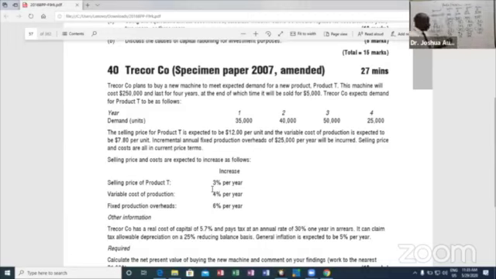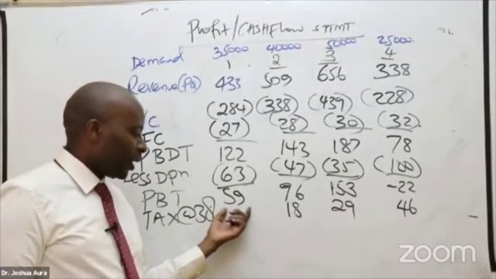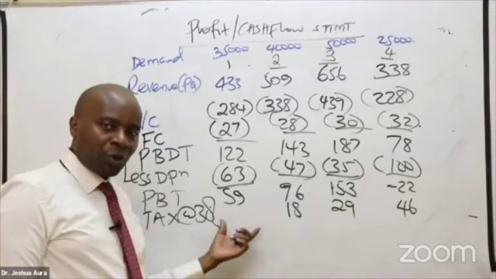And then we have 153 times 0.3, which gives me 46. If you have realized, I'm not writing the taxation figures immediately in the respective years. I'm so sure most of you, this is what you did.